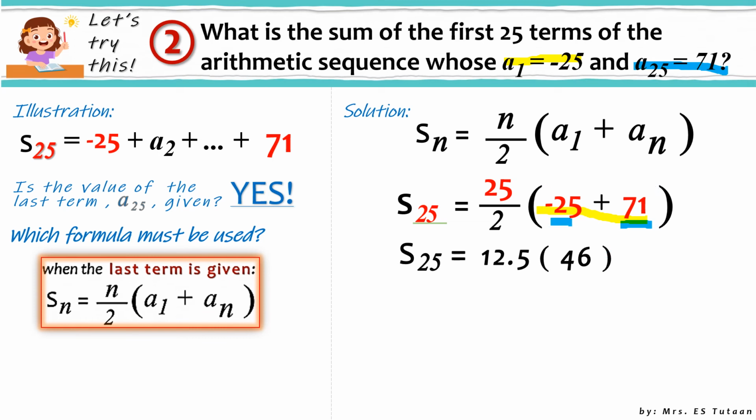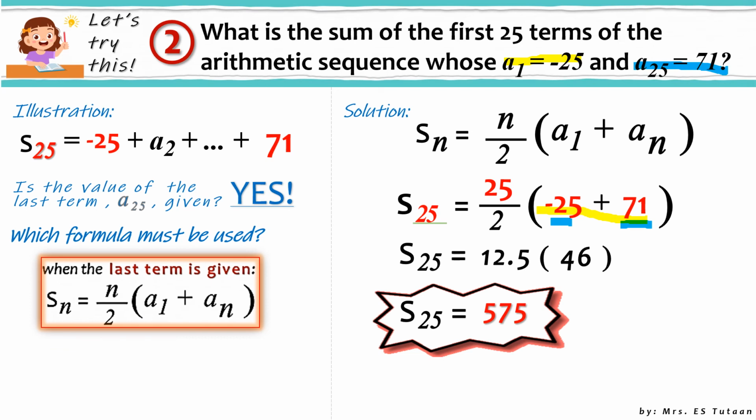And then, next, we have S sub 25, or the sum of the first 25 terms of the arithmetic sequence, whose a sub 1 is negative 25 and a sub 25 is 71, is equal to 575. So, ito ay mas maikli kumpara doon sa naunang formula natin.